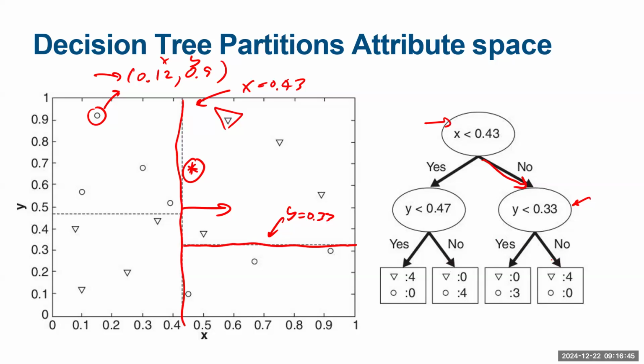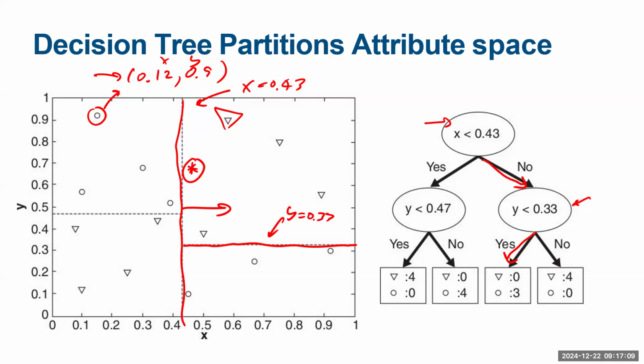So if you look at the yes side of the y less than 0.33, you have 3 data points, right? And all the data points are circles.